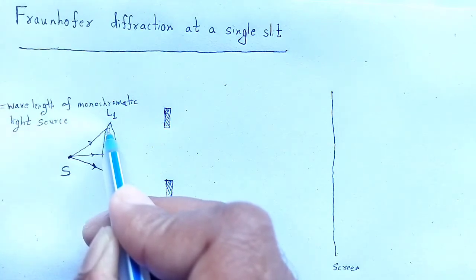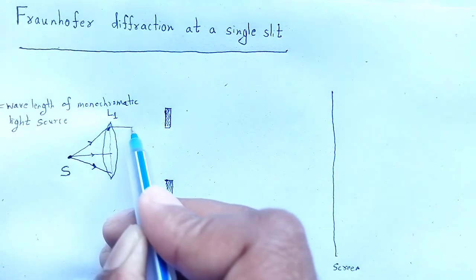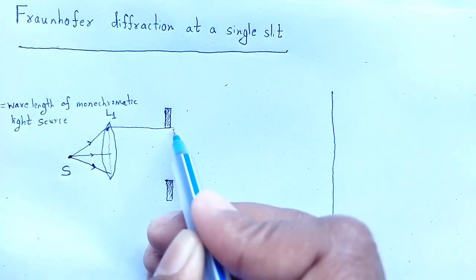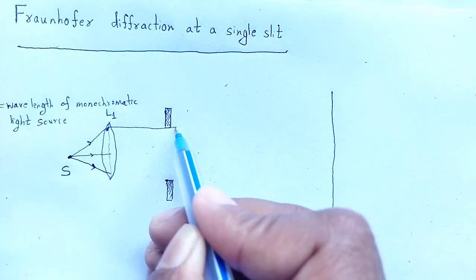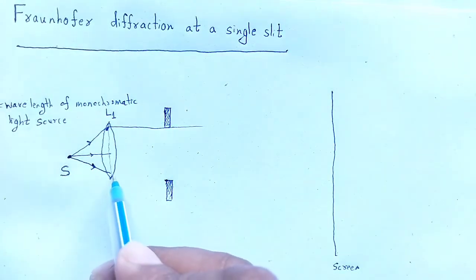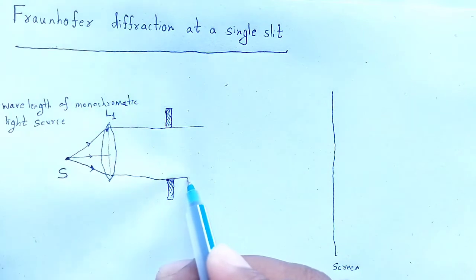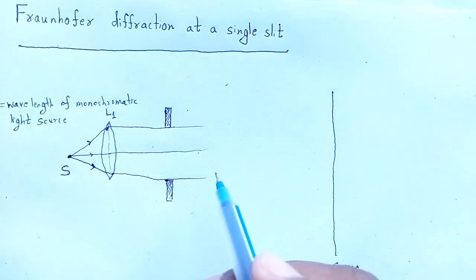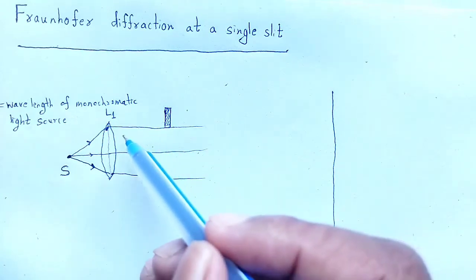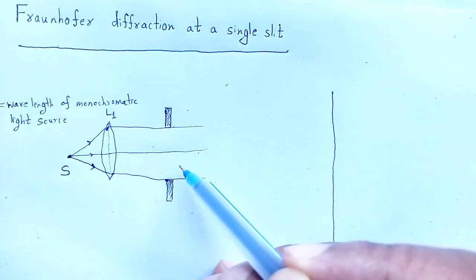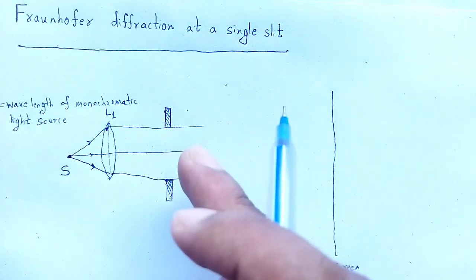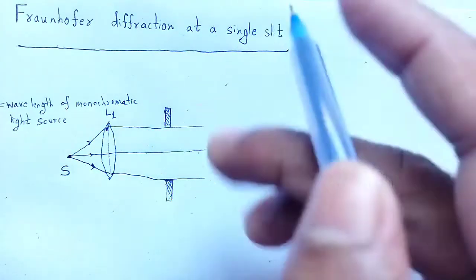So, the light rays pass parallelly. A parallel beam of light, that is the wavefront, is incident on a narrow slit.